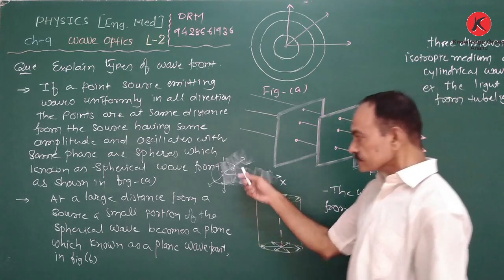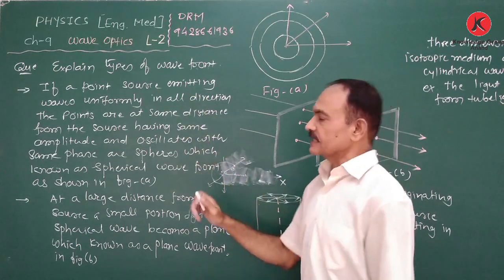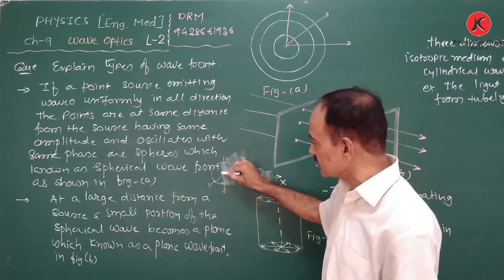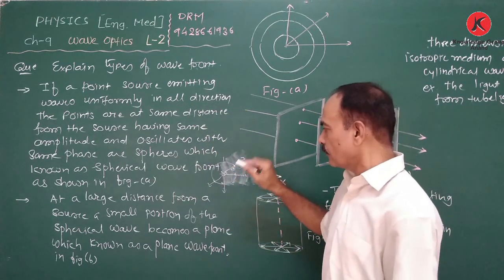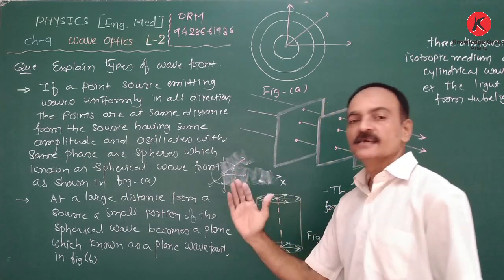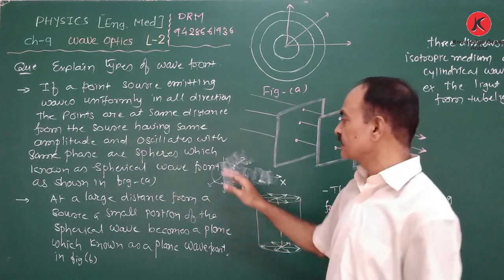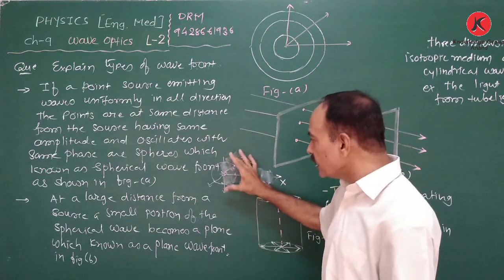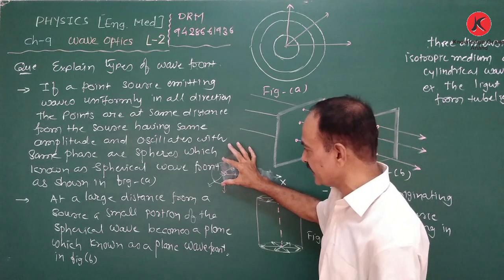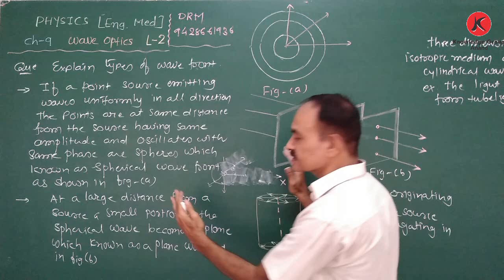The first is this type of wavefront. Suppose there is a point source continuously emitting waves uniformly in all directions, performing simple harmonic motion like this, inside, outside, inside, outside. The effect of this simple harmonic motion spreads in all directions with the same speed, so circular rings are generated from this origin and expand, their area becoming more and more.